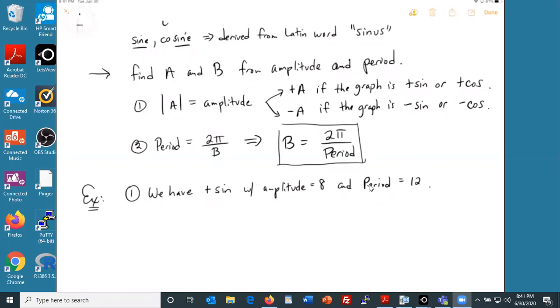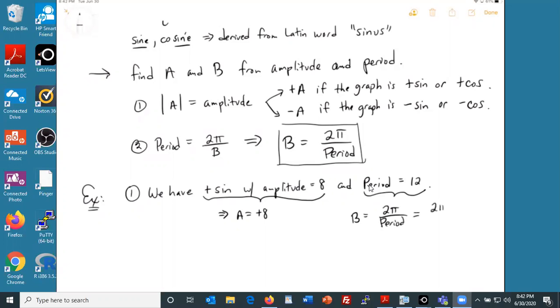All right, so the first thing we can say is this. Because it's positive sine and the amplitude is 8, that means the A value is positive 8, just regular 8. And then because the period is 12, to get the B value we can just divide 2 pi by the period.